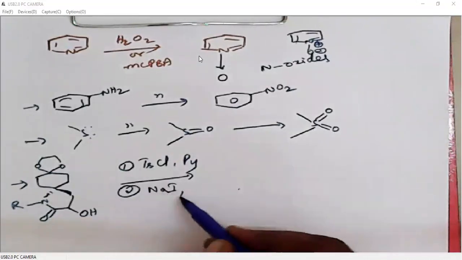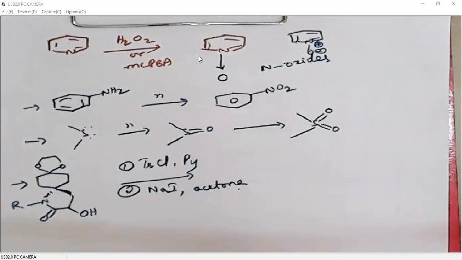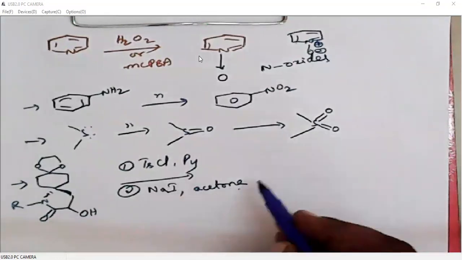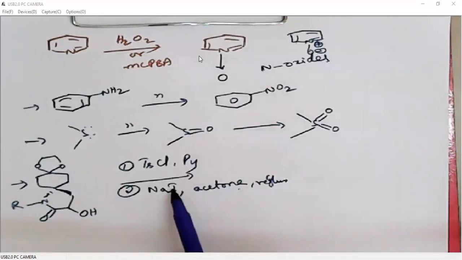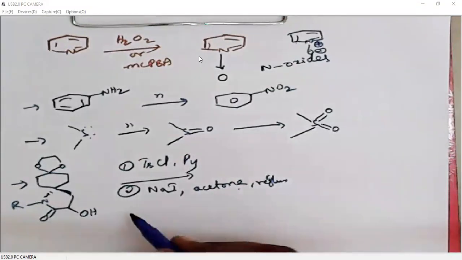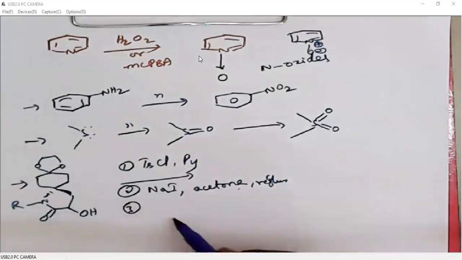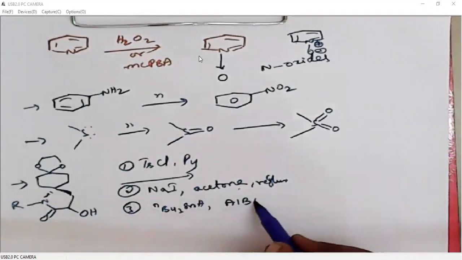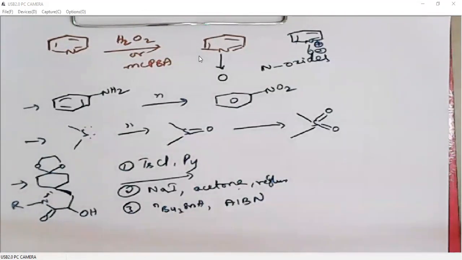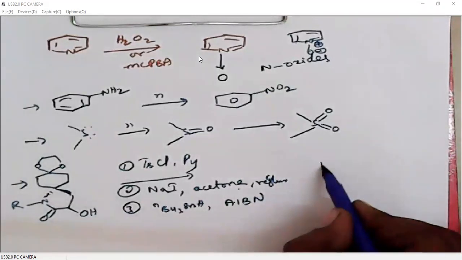Because it is a good leaving group, when we treat it with sodium iodide under very high temperatures, that means under reflux conditions, I minus will replace that O-tosyl. So now what we'll get is the alpha-iodolactone. Then this halogen can be removed using tributyltin hydride and AIBN, so that iodine will be removed.